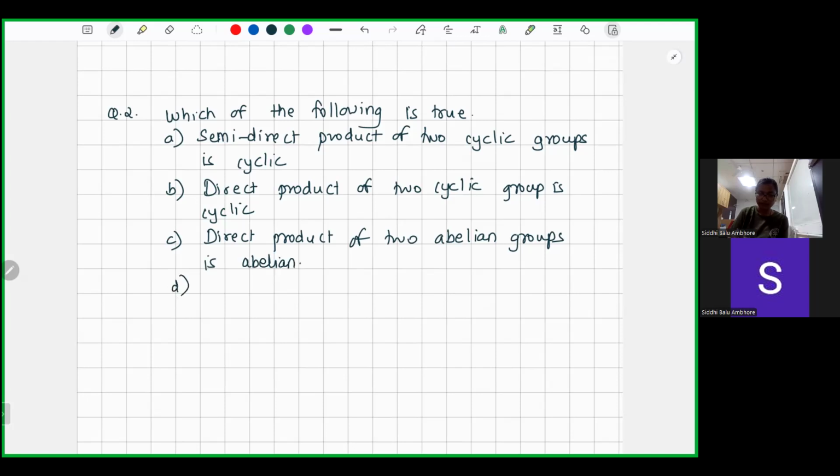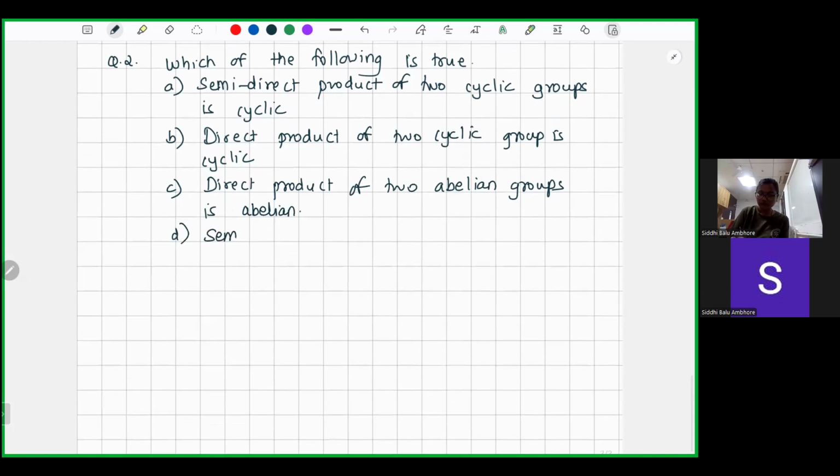And D: semi-direct product of two abelian groups need not be abelian.